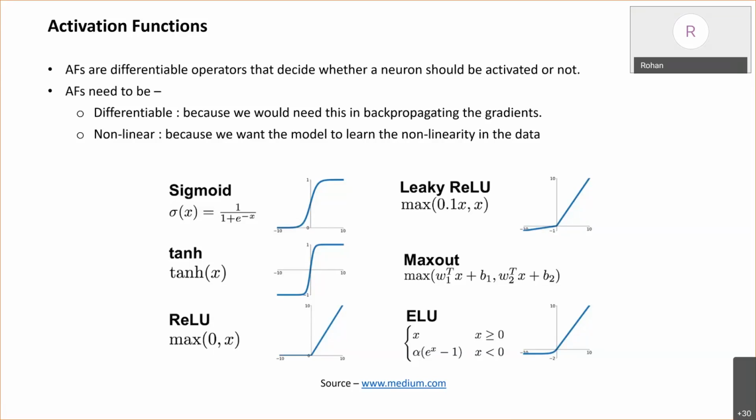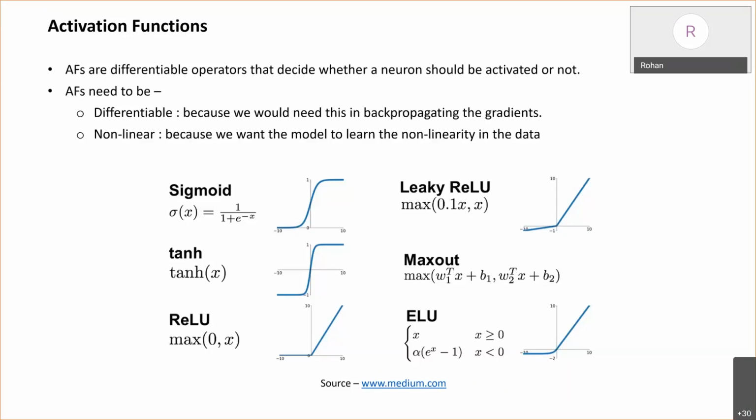If we pass a negative value in this case, say something like -2, max of -0.2 and -2 will be -0.2, right? So we are going in the negative direction by a very small margin, if the value of x is in the negative range, and if we are in the positive range, we go according to the value of that particular variable, right?